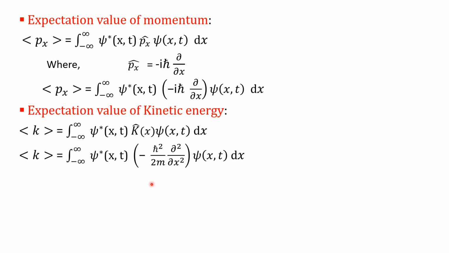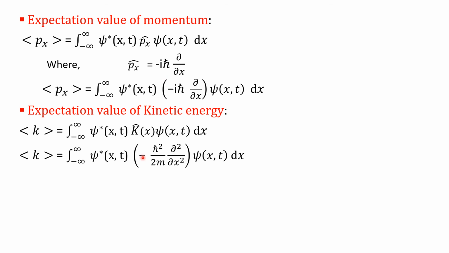Kinetic energy is p square by 2m. P is known. Therefore, what is p square? It is (minus i h cross) whole square, del square by del x square. Minus i h cross squared means we get i square h cross square.